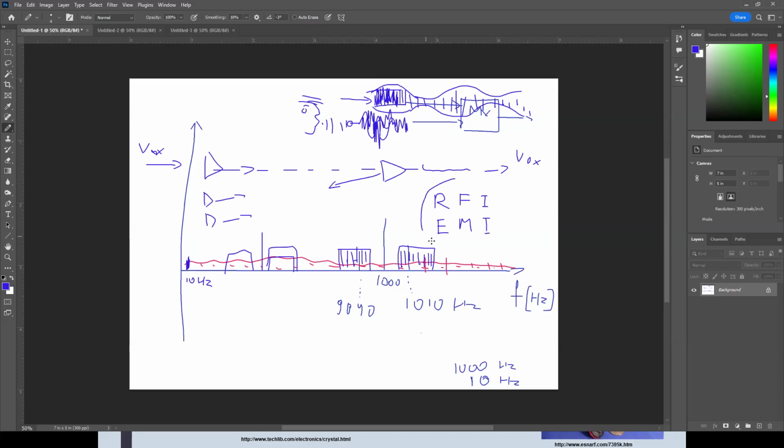Those two terms are both interference. The I stands for interference. This bottom one stands for electromagnetic interference.